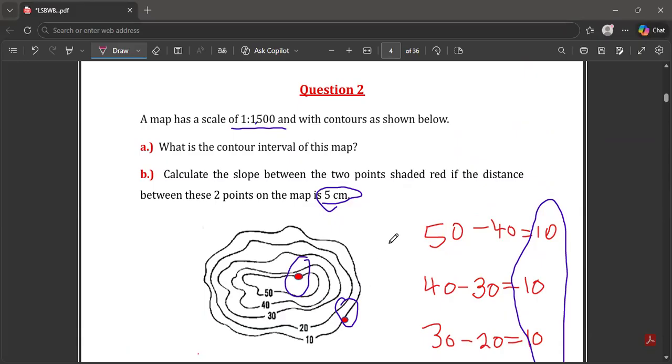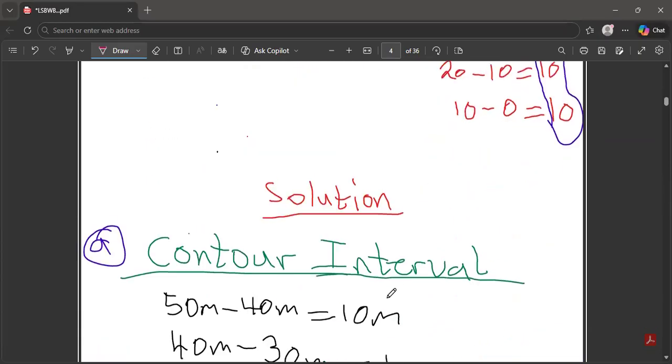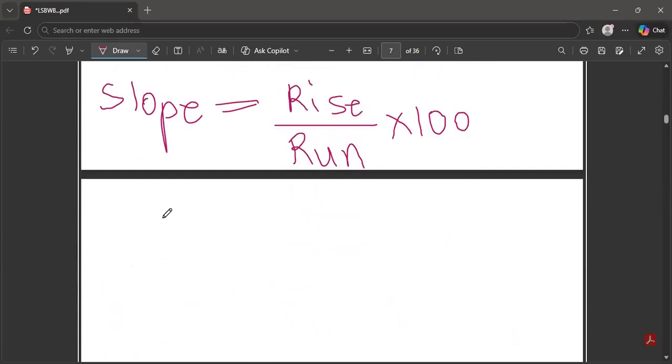At the end of the day, we need to find the rise, of which we have to subtract this 10 from the 50 to get that. So let's see how we can go about that.